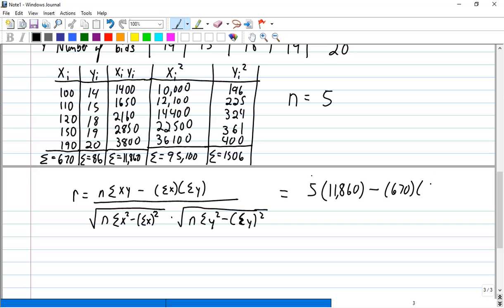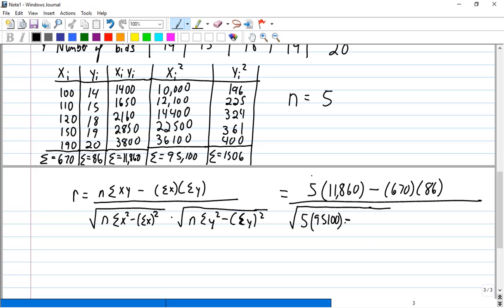The sum of y is 86. Divided by the square root of 5 times, no, the sum of x squared is this, 95,100.